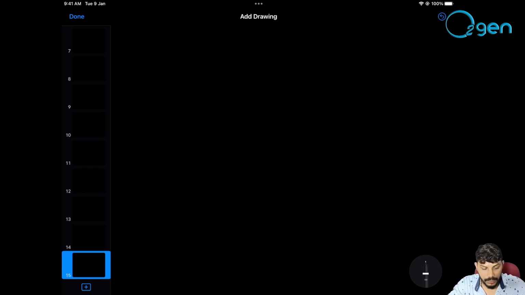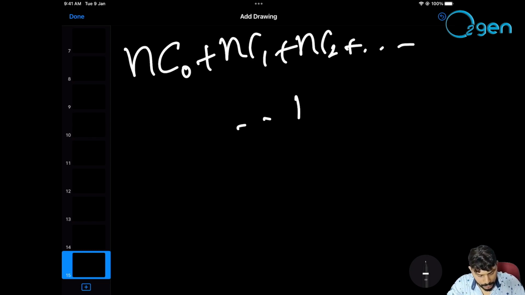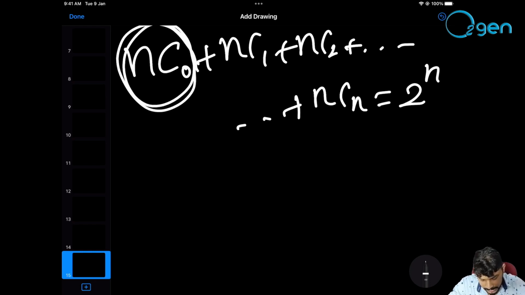Next is the number of selections of different things, at least one. There is a formula for that. If you are selecting, nC0 plus nC1 plus nC2 and so on up to nCn is equal to 2 power n. At least once means nC0, which is 1, can be deleted.